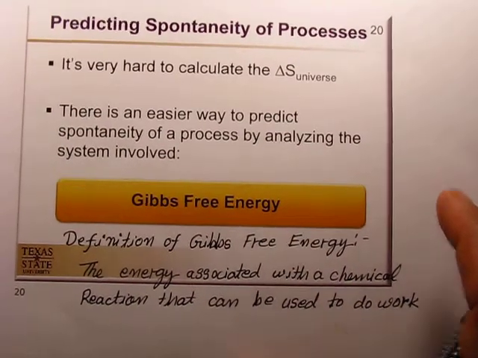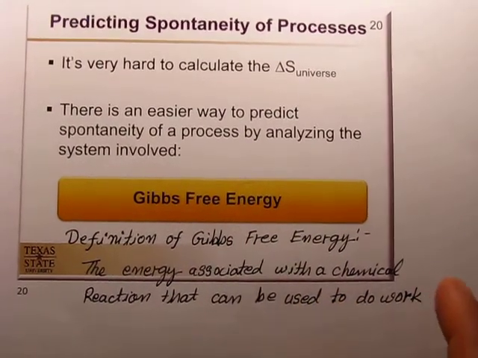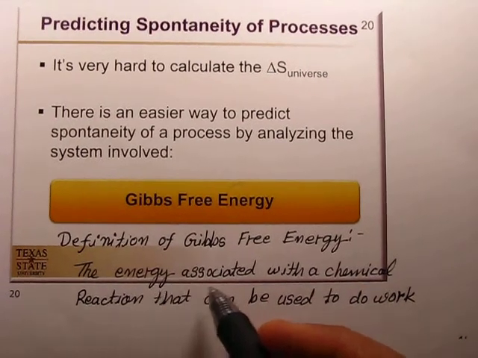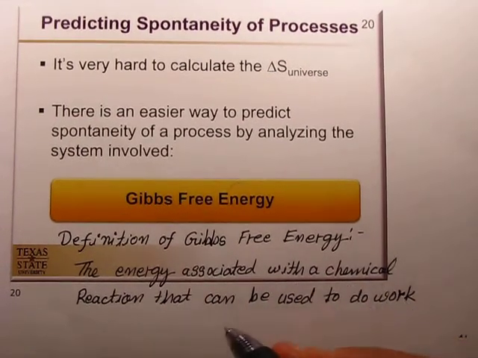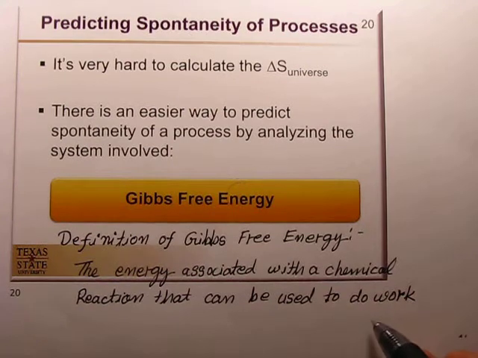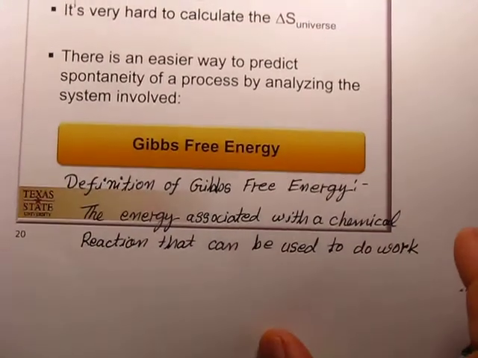So what is the Gibbs free energy? According to the definition, Gibbs free energy means the energy associated with a chemical reaction that can be used to do work.